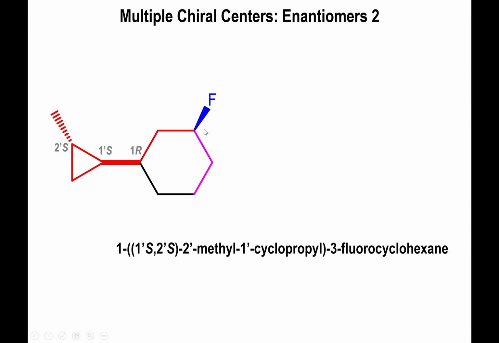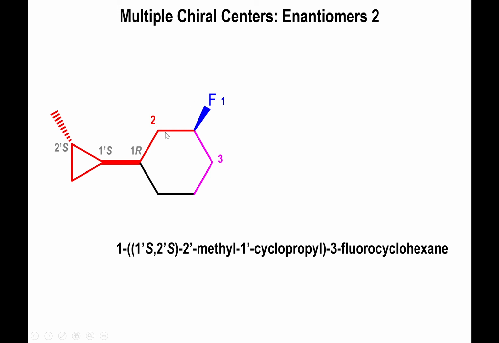Moving over to the final chiral center, fluorine is heavier than carbon, so that's priority 1. Then we look at the red segment. This is a CH2. The pink segment is a CH2, so we move further out. This is a CH. On the pink segment, this is a CH2. So CH wins over CH2. Therefore, priority 2 is the red, priority 3 is the pink.